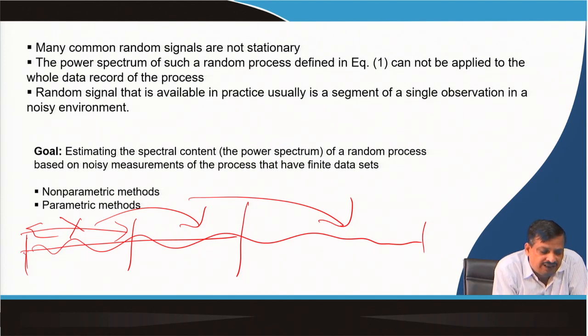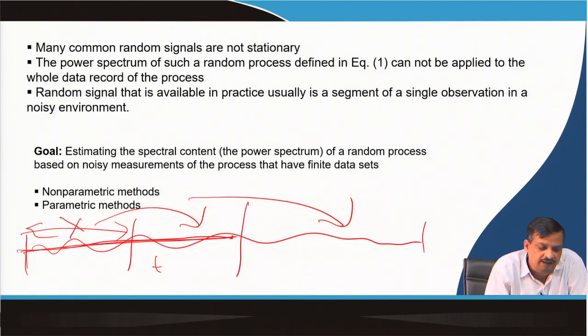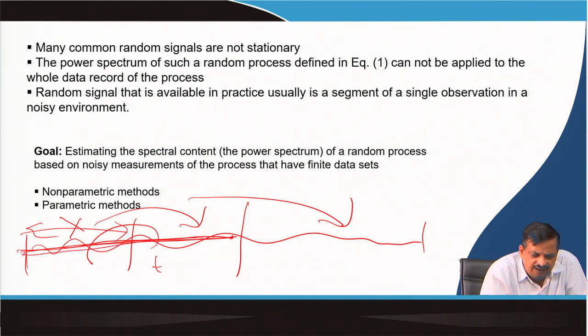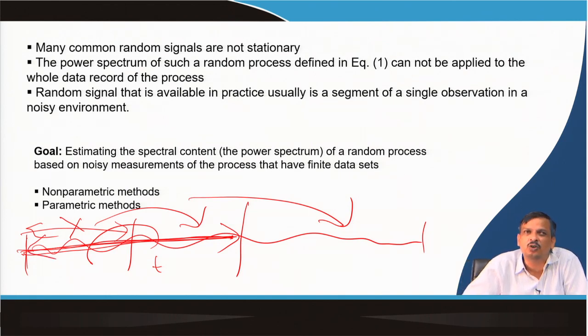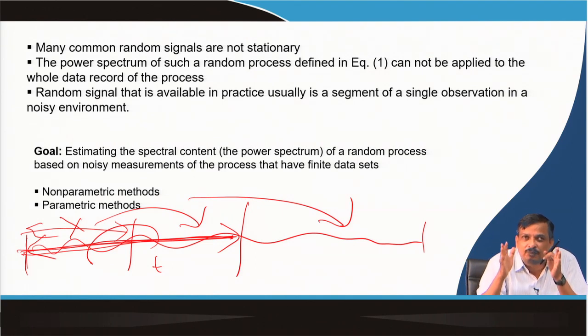I assume the signal is stationary, but if the length of the signal is very high, during that time the properties of the signal will change, and that change will not be reflected in my spectral analysis. So, I have to consider that during this timeline the signal is stationary. I cannot take a large amount of signal, which is why the finite length of the observation is very important.